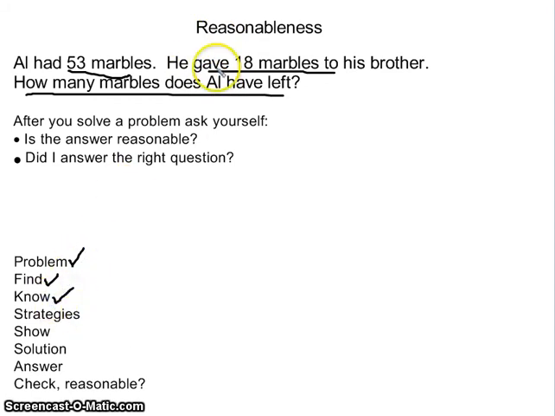Strategies. Well, we're going to check reasonableness at the end, but for this one, I'm thinking a picture. I'm going to put this bar over top. This is how many marbles he has, so this would be 53. Al has 53 marbles.